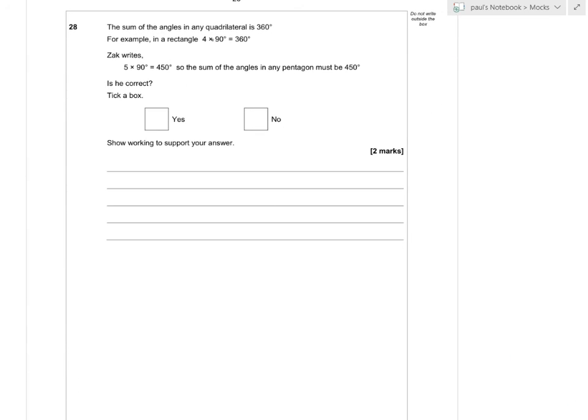Right, the sum of the angles in any quadrilateral is 360. For example, in a rectangle, 4 times 90 is 360. Zach writes 5 times 90 is 450. So in a pentagon, the exterior angle is 360 divided by 5, because there are 5 sides, which is 72.